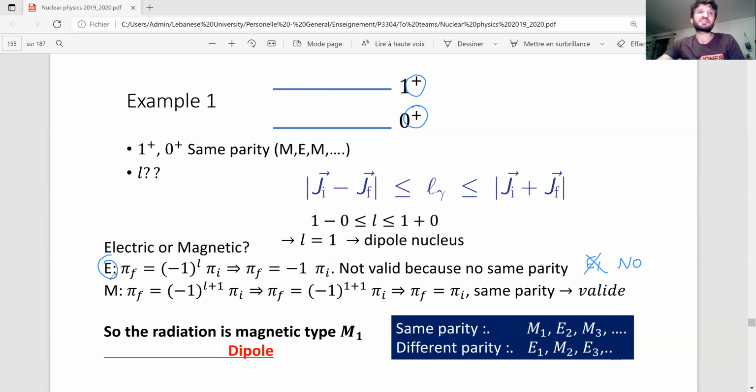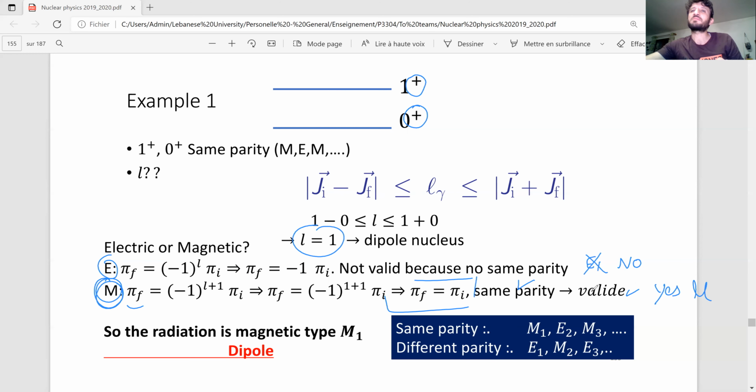We go to the second case, the magnetic transition. Pi final equals -1 to the power L plus 1 times pi initial. We substitute L equals 1 here, and we finally get pi initial equals pi final. It's okay, it's true. Yes for M.